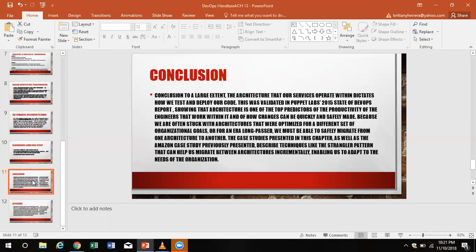We must be able to safely migrate from one architecture to another. The case studies presented in this chapter, as well as the Amazon case study previously presented, describe techniques like the strangler pattern that can help us migrate between architectures, incrementally enabling us to adapt to the needs of the organization. This chapter was really good. It really gives insight into how to change a huge monster one thing at a time and be successful with it.